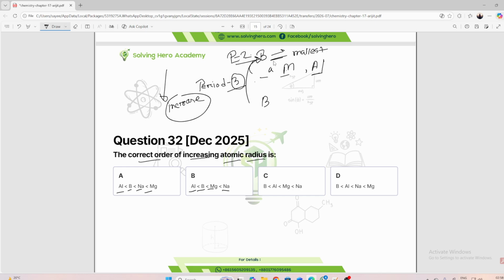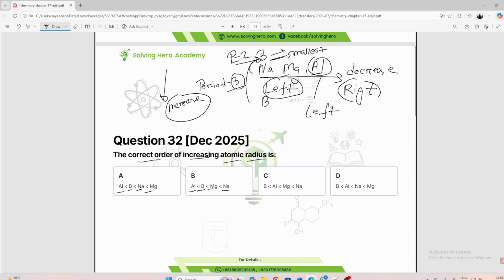So if we go left to right, see here left and right, we know that in the same period, if we go left to right, the size decreases, right? The size decreases if we go left to right.